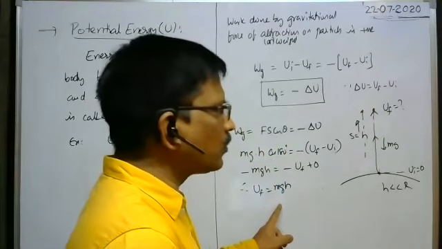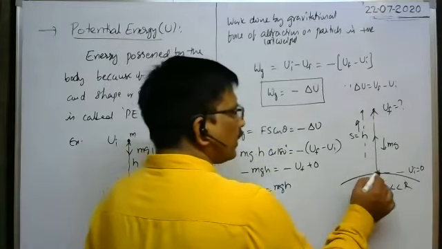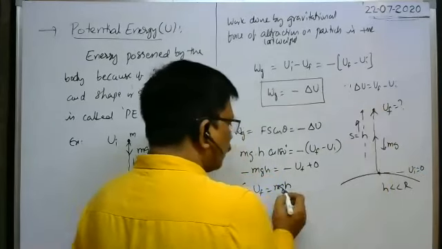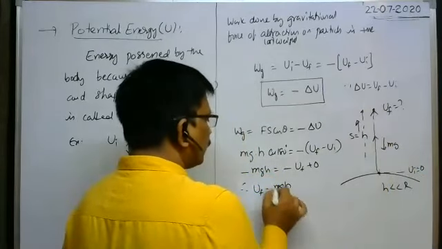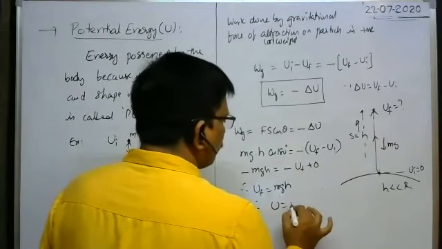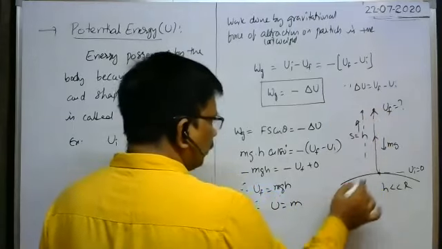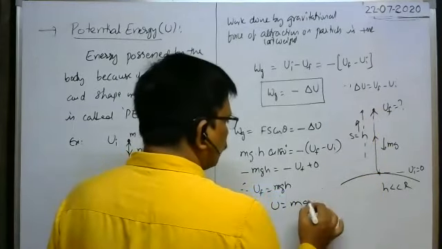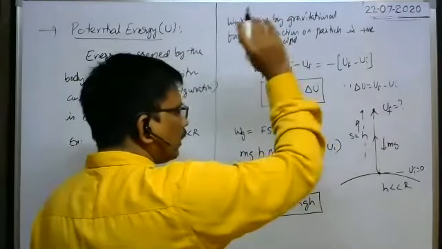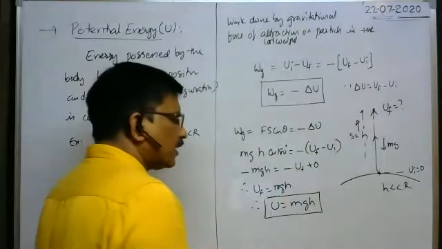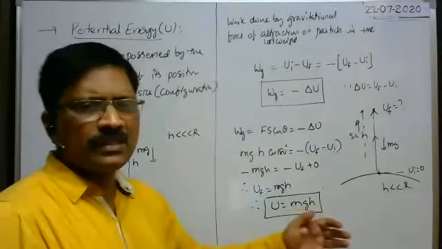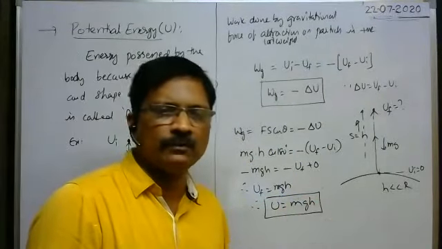Actually, it is the gain in potential energy, the final potential energy of the body, when you take this as the reference line. When height increases, the potential energy of the body also increases. When height decreases, the potential energy of the body also decreases.